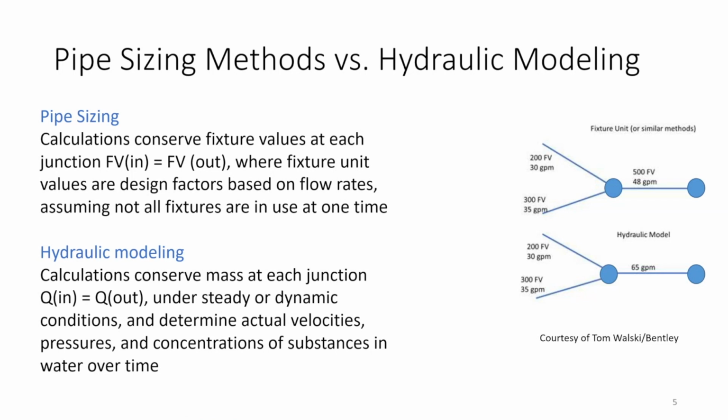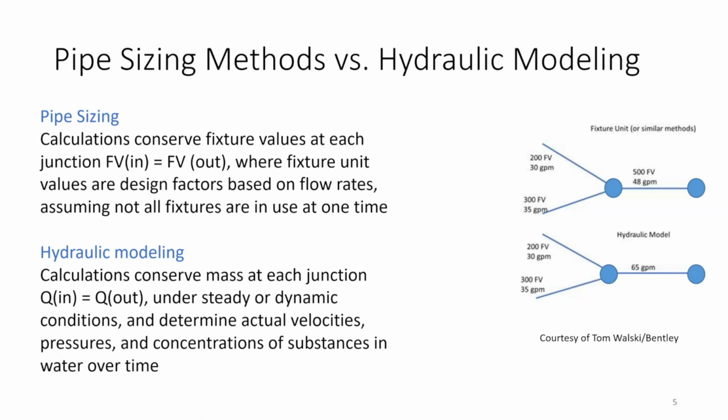Primarily throughout this webinar series, we've been talking about hydraulic modeling, where you might use something like EPANET, and in that kind of modeling, which is described at the bottom of the slide, the basic premise is that you're conserving mass at each junction, and you're modeling either under steady or dynamic conditions, and you're determining the actual velocities, pressures, and maybe the concentration of some substance in the water over time.